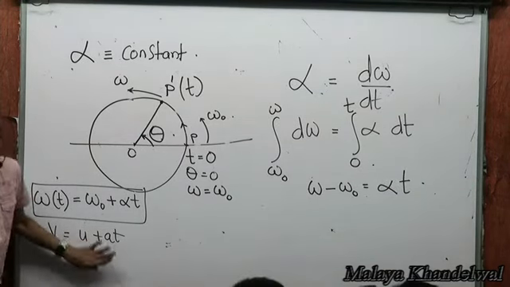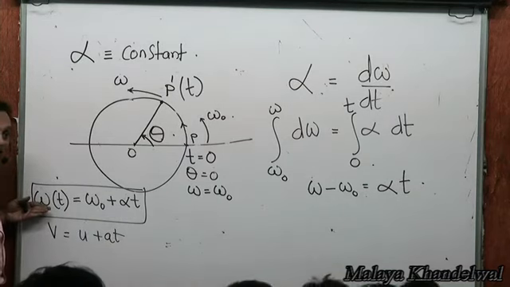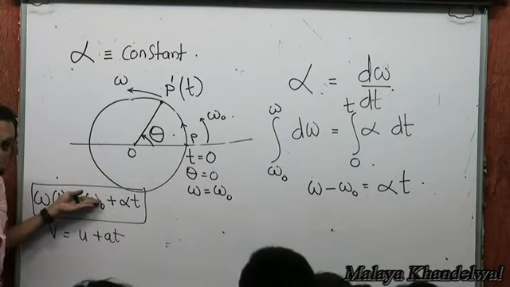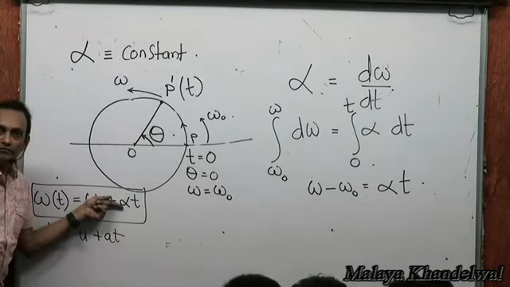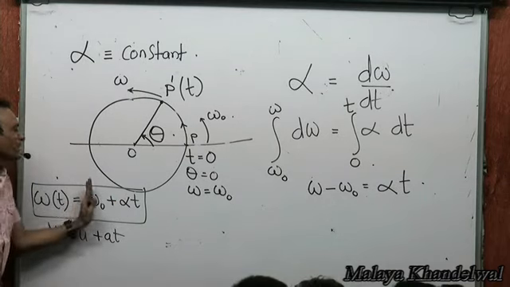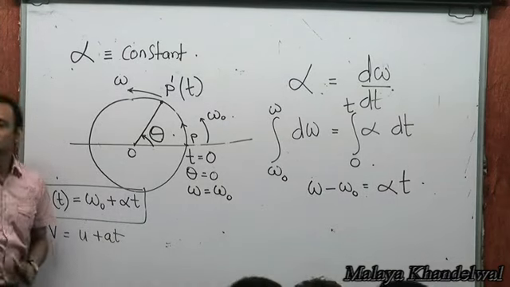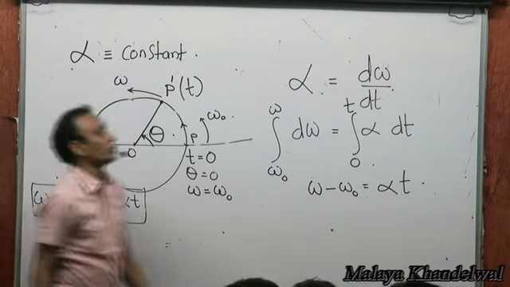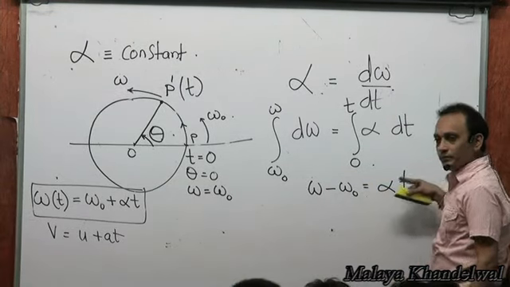Instead of this, you have the equivalent angular variables: v to be replaced by omega, u by omega naught, a by angular acceleration alpha. So omega is omega naught plus alpha t, the angular velocity varying as a function of time. Yes or no? Now, can I remove the clutter from here?